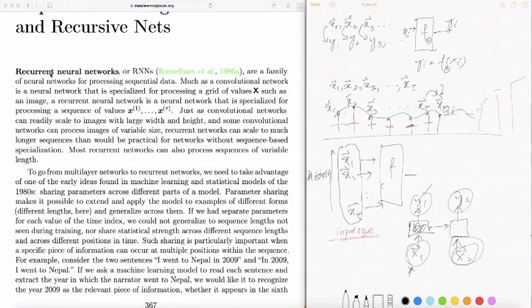You don't want to predict Y2 just independently of X1. I want to take into account this history. So I'm using X1 and X2 and predicting Y2. Then X3 like this, and I have a prediction Y3, and so on.